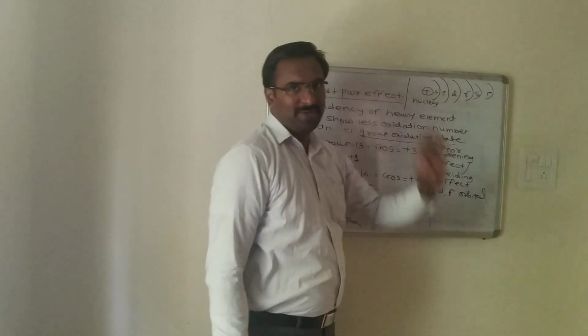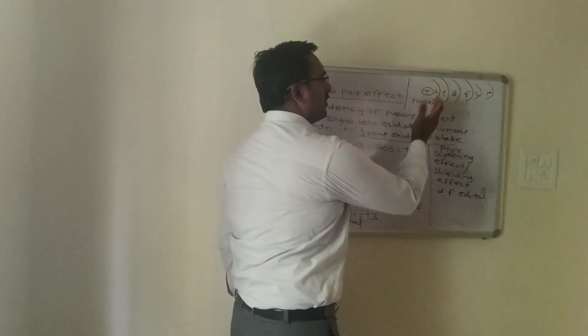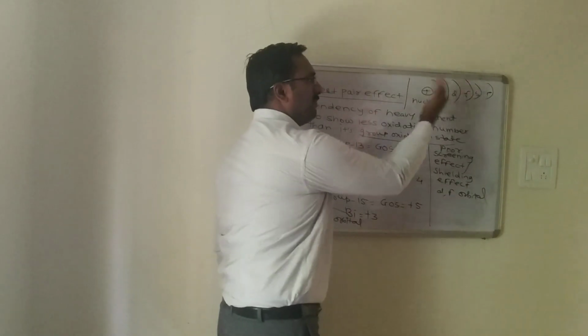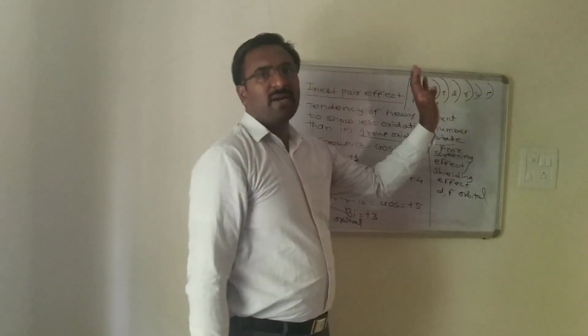We know that the s orbital is closer to the nucleus, then the p orbital also close. The s orbital is spherically shaped, the p orbital is dumbbell shaped, and the d and f orbitals are double dumbbell shaped.